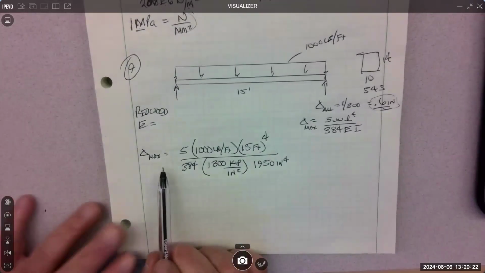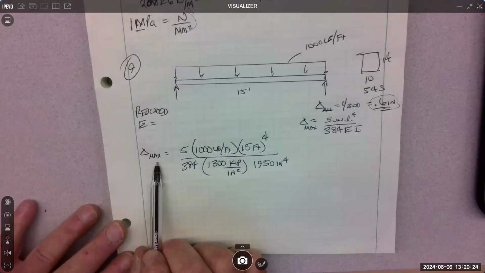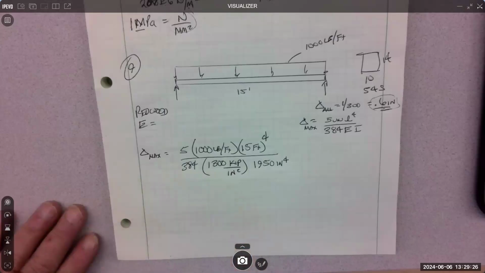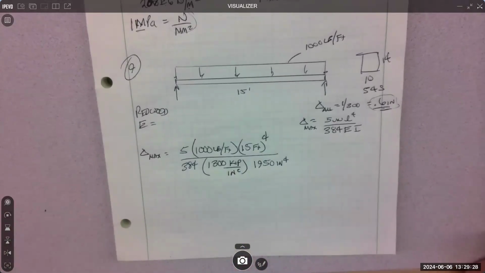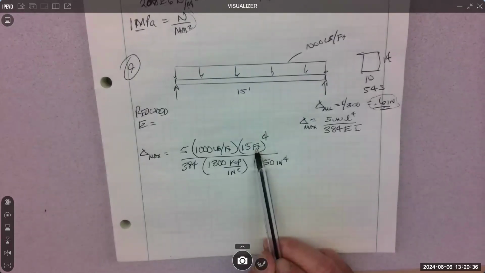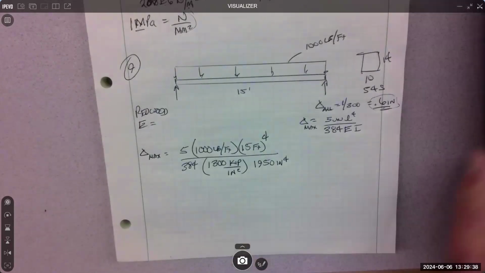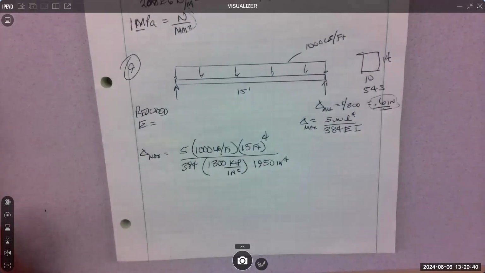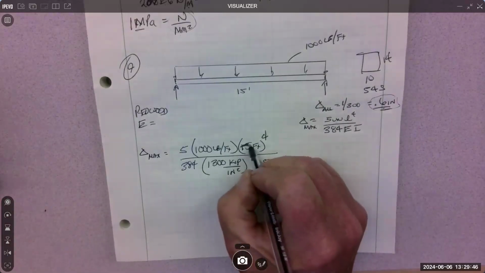So we want inches in the end, or feet, just know that you have feet and then you could convert it. Either one's fine. But we have a lot of inches down here and feet here, so I might get rid of the 15 and put in 180.